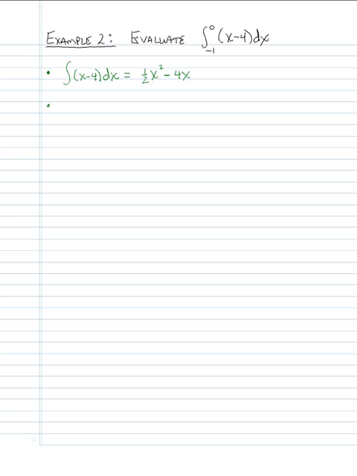Now, we'll use this result to calculate the definite integral. And so remember that the definite integral from -1 to 0 of x minus 4 with respect to x is the indefinite integral, capital F of x, evaluated from -1 to 0.